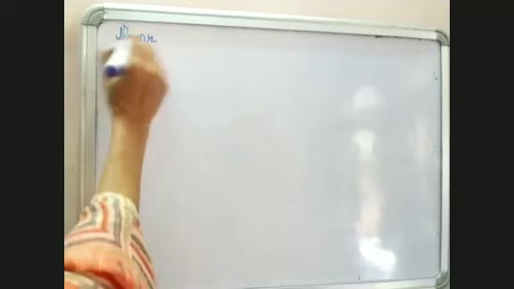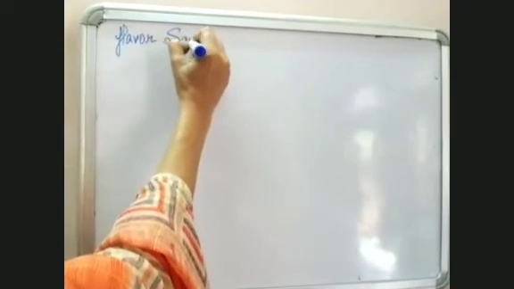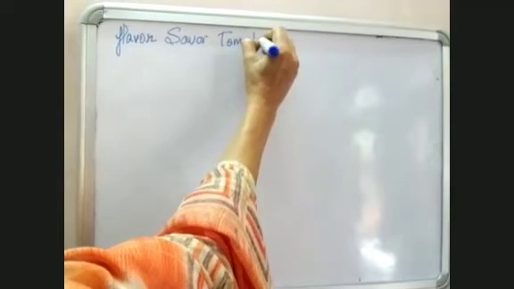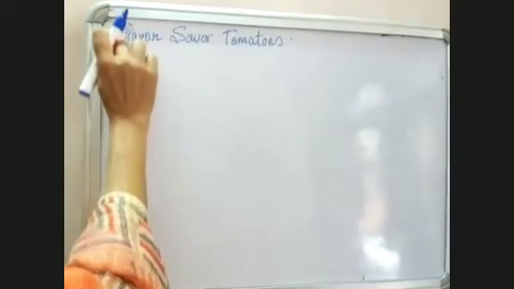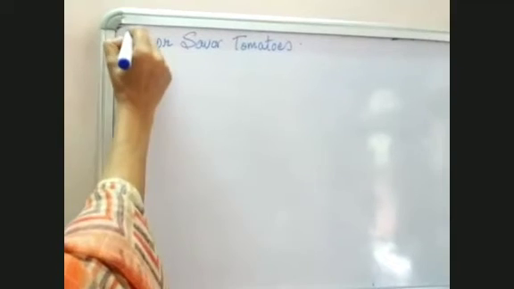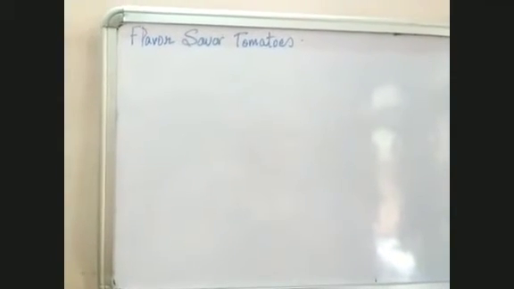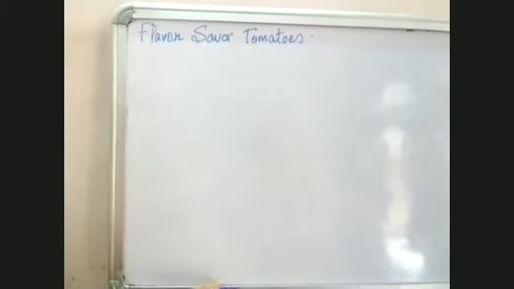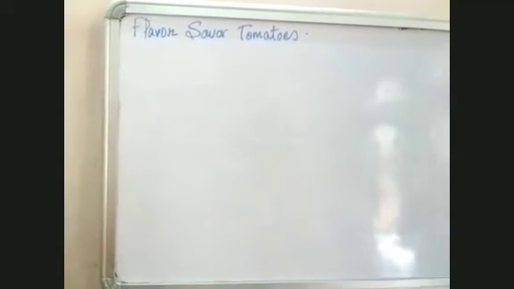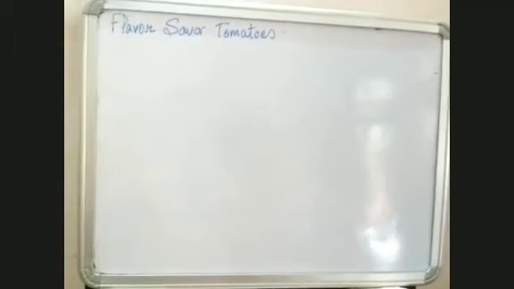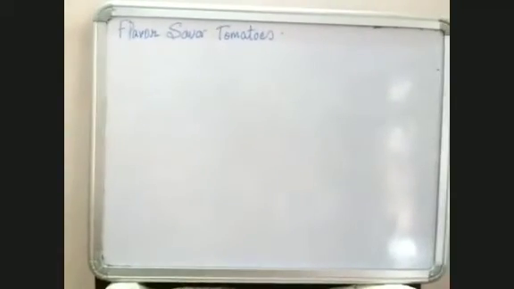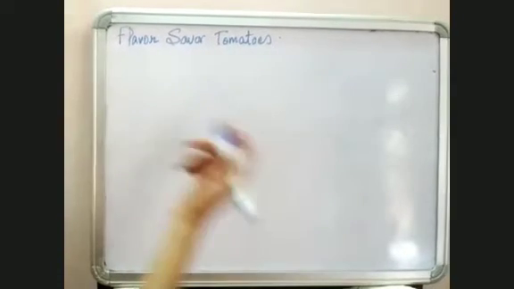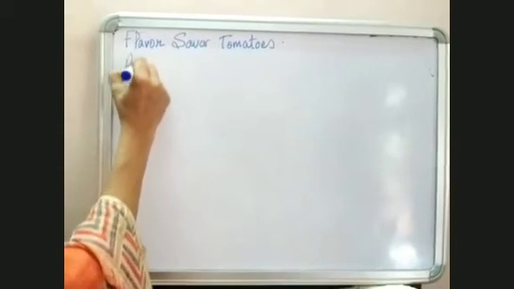The spellings are given like this when we say flavor saver tomatoes. Usually what happens, not now, nowadays biotechnology is in use. I'm talking of the time when biotechnology was not in use, and the tomatoes which were obtained before the use of biotechnology.